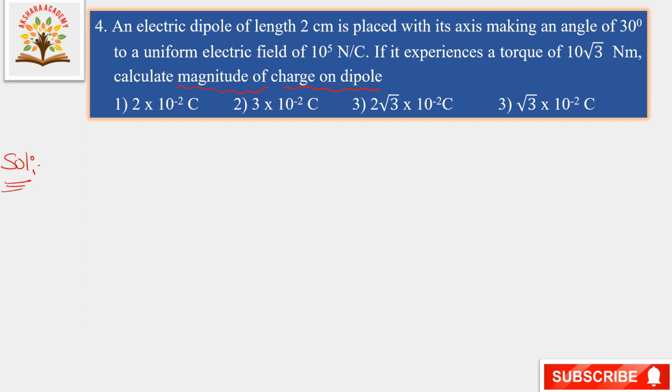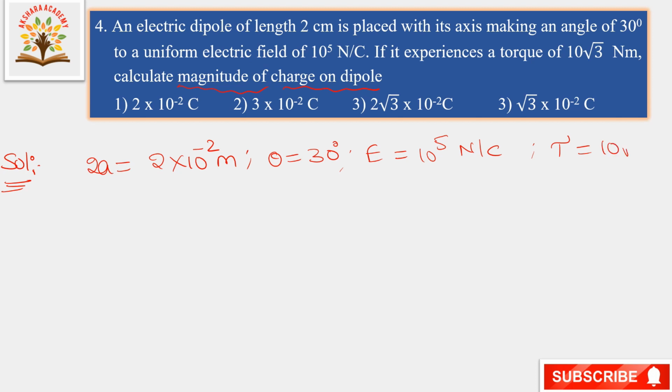Given the distance here, they given as length 2a is equals to 2 into 10 to the power of minus 2 meters. Converting centimeters into meters, 10 to the power of minus 2. They given the angle 30 degrees and E is equals to electric field 10 to the power of 5 Newton per coulomb and torque they given as 10 root 3 Newton meter, and we have to calculate magnitude of charge on dipole.